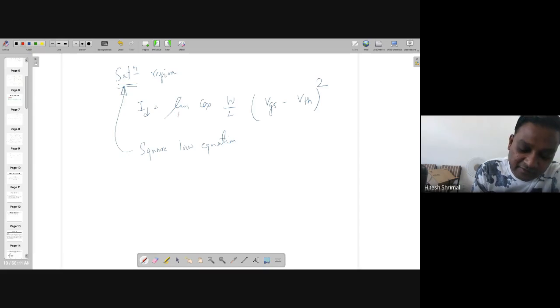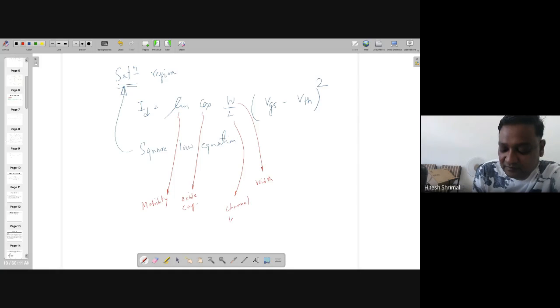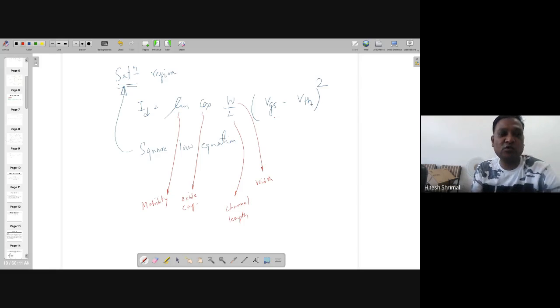By the way, mu n is mobility, Cox is oxide capacitance, W is width of the transistor, mobility of n-type semiconductor, L is channel length, VGS is gate to source voltage, and VTH is threshold voltage.